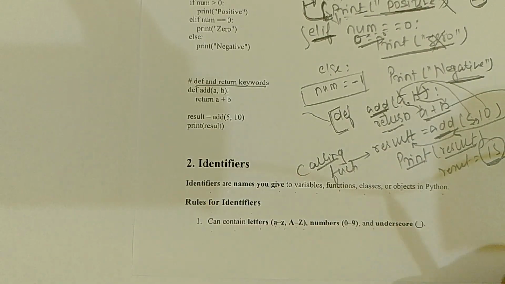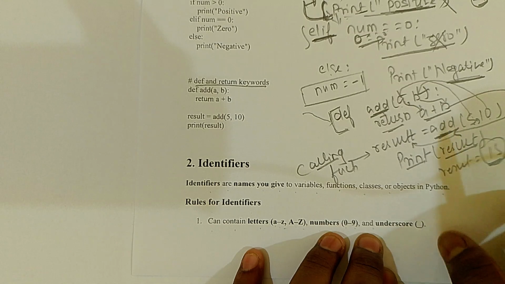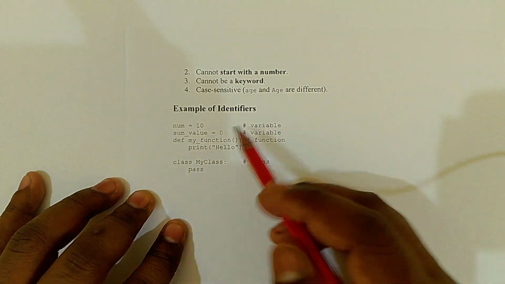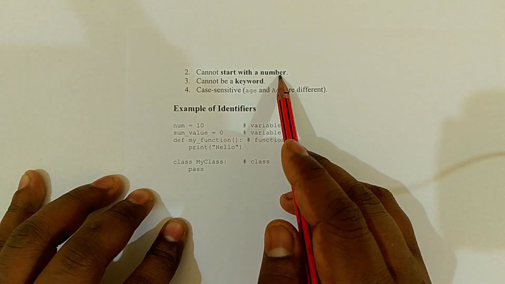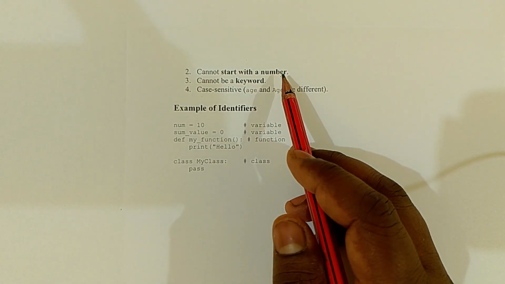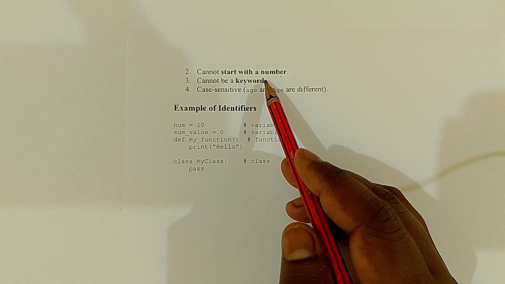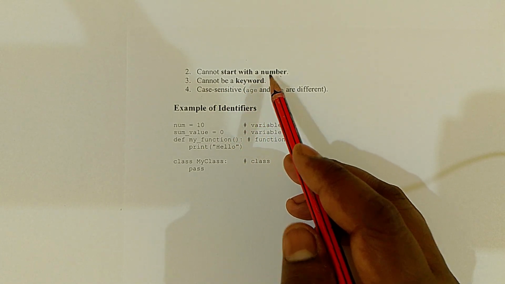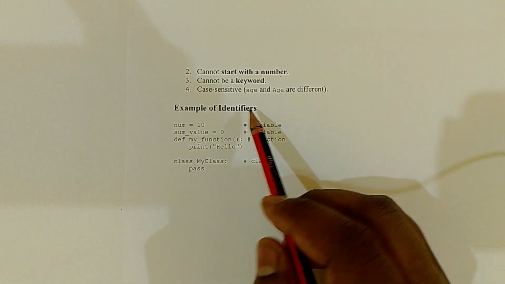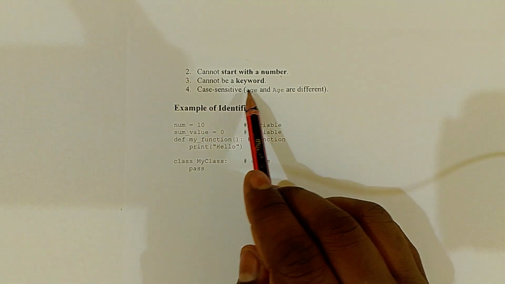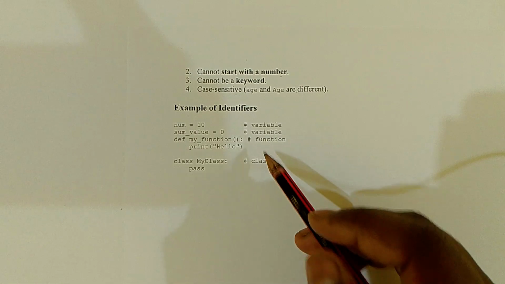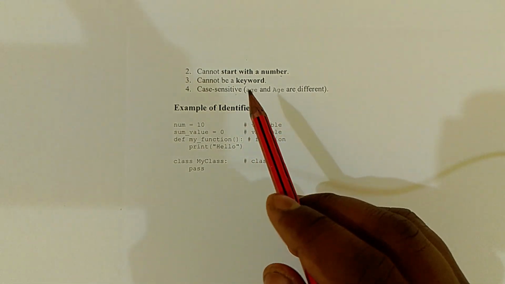Second, it cannot start with a number. It cannot be a keyword, and we have already discussed keywords, which are not included in identifiers. And it is case sensitive: a and A are different, so it is very case sensitive.